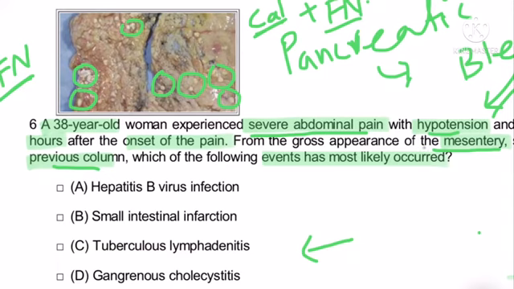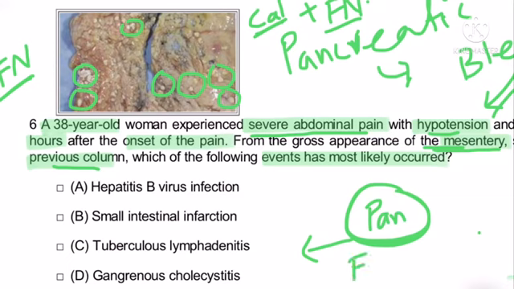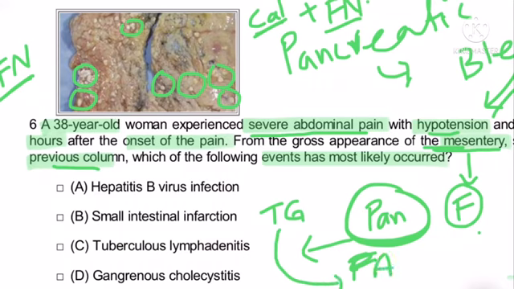As we know, the mesentery and the pancreas have fat also. In the mesentery you can find a lot of fat, while in the pancreas you can find some fat. Triglycerides are converted into fatty acids with the help of the lipase enzyme, because the pancreas has lipase.